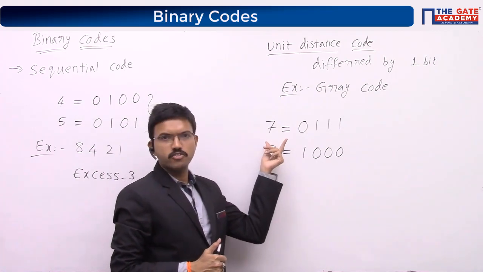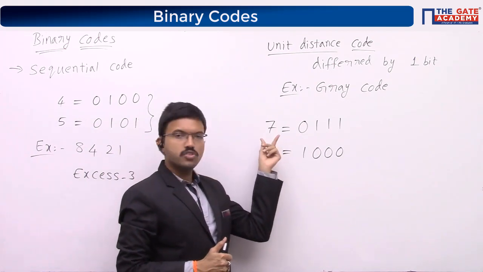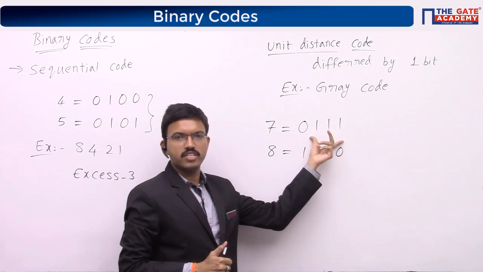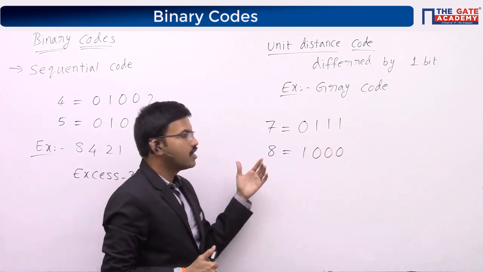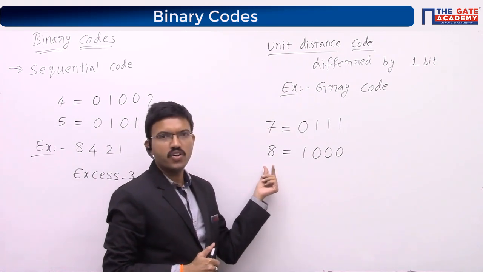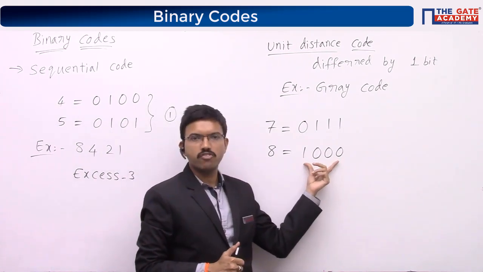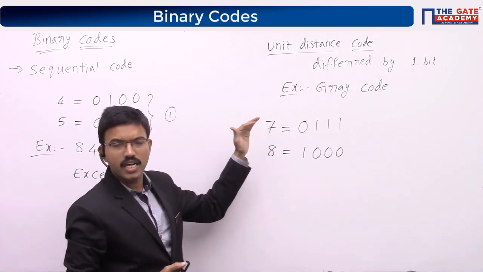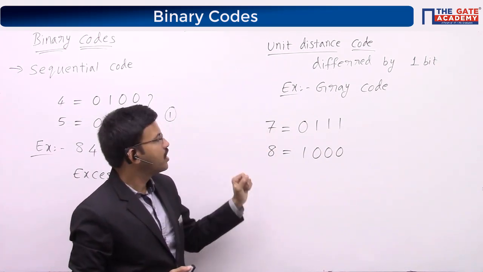Suppose the lift is on the 7th floor, then it will display 7, and the corresponding code is 0111 if I am considering binary. Then the lift moves to the 8th floor, and it will display 8. So here the internal code is what? 1000.